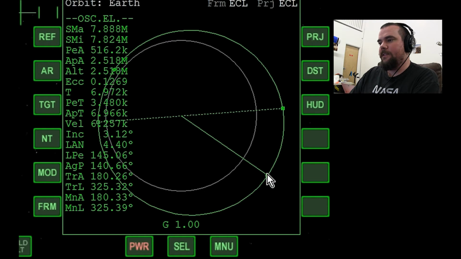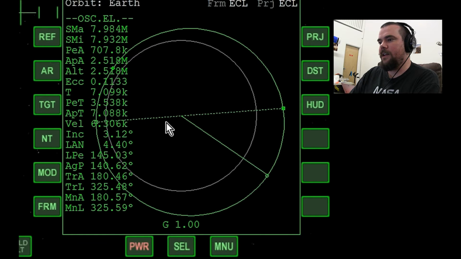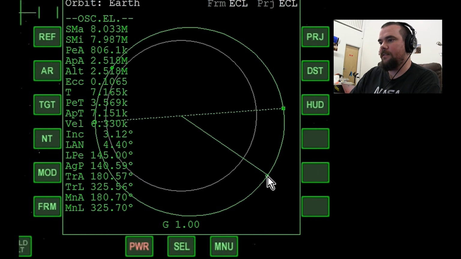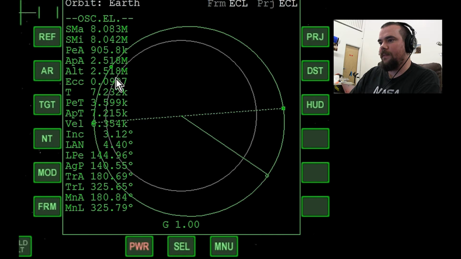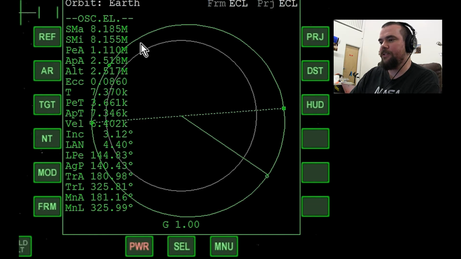All right. So now I'm affecting the side opposite of me. I'm making that orbit bigger on the other side. I'm also circularizing it.